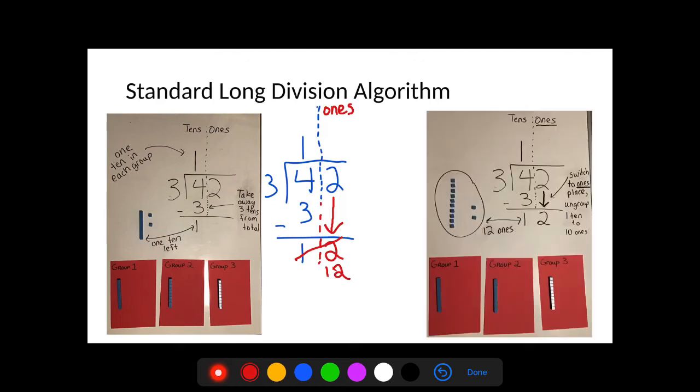So this corresponds to, in our model, when we bring down the 2, that means we're switching to ones, and that's when we switched out our 1 rod, our 1 ten, into 10 ones. So this 12 signifies that we're now working with 12 ones.